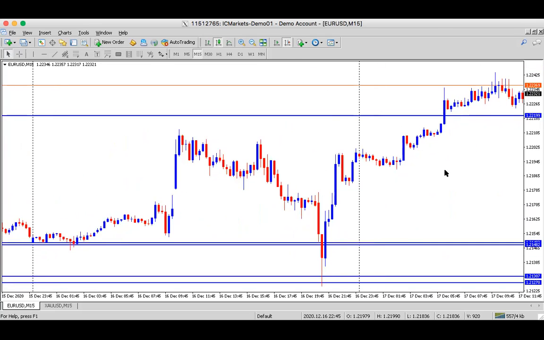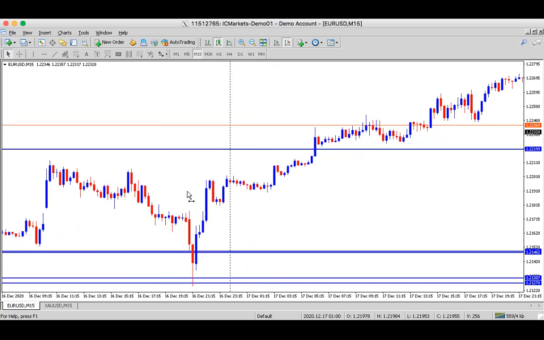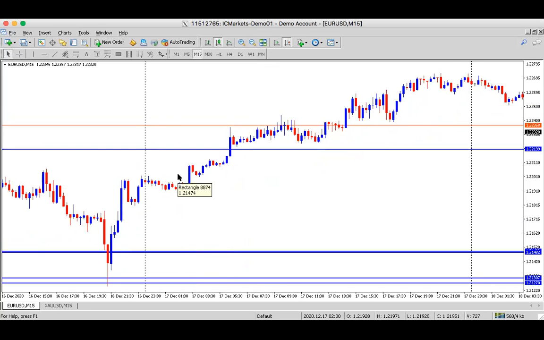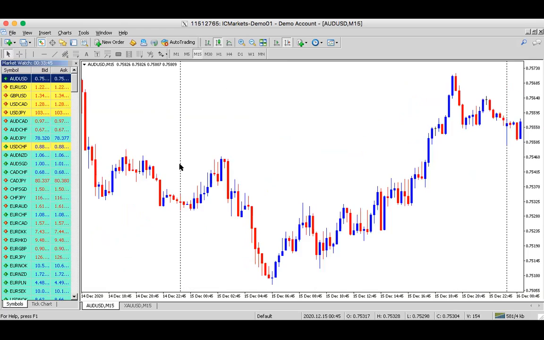I can't really find those around this zone, so I'll be sticking to the support and resistance, and that's why we had to use support and resistance for the Euro USD. But if you check on the NZD, it's basically the same thing. Let's look at AUD USD.